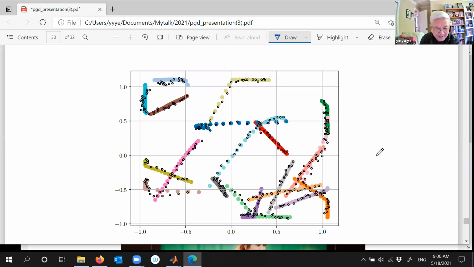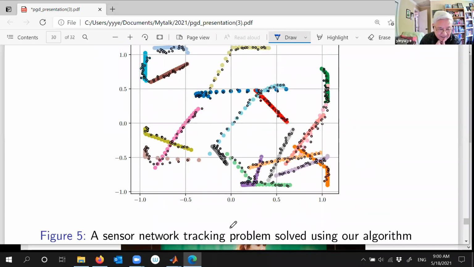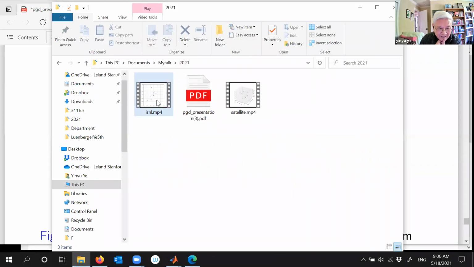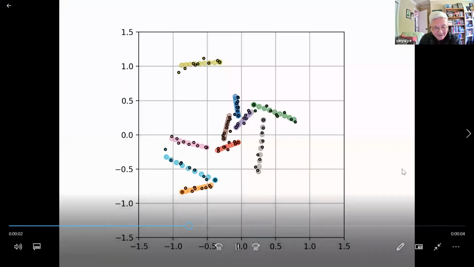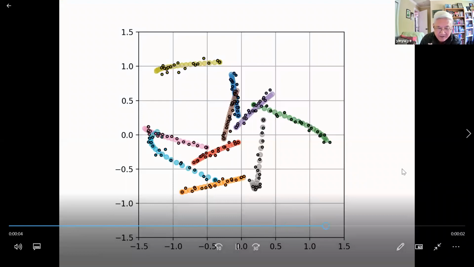You don't expect the new localization to be too different from the previous one. So that's very, very effective. This problem is very good at tracking. I'm just showing you some pictures. You can do this tracking very effectively.